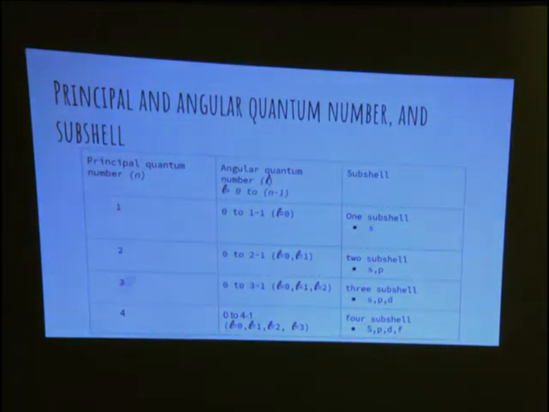If you look at principal quantum number 3, there are 3 values of angular quantum number 0, 1 and 2, which means there will be 3 subshells or 3 orbitals s, p and d. Okay, so principal quantum number 4 has 4 values of angular quantum number and 4 subshells s, p, d and f.